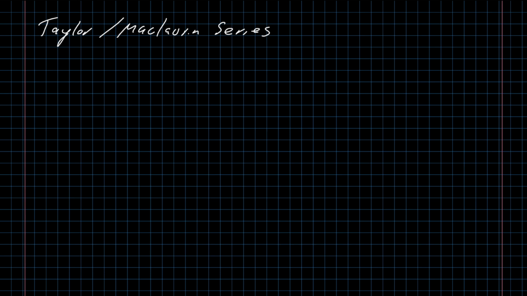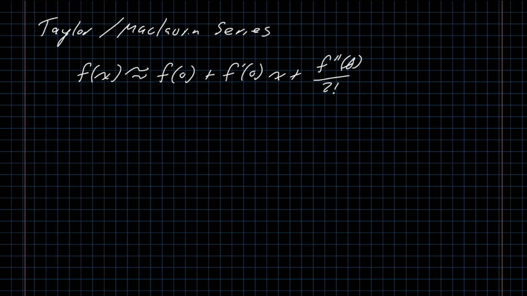We've seen that we can approximate a function as the polynomial f of 0 plus f prime of 0 times x plus the second derivative evaluated at 0 divided by 2 factorial times x squared, and so on. If we can take all of those derivatives and evaluate them nicely, just taking the limit as the polynomial grows will give us the power series.